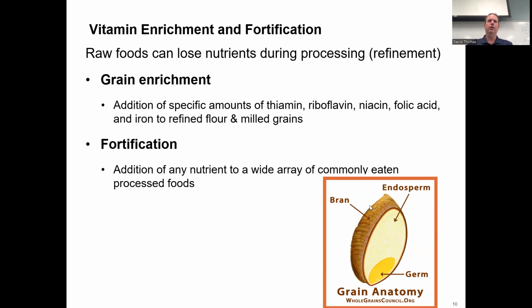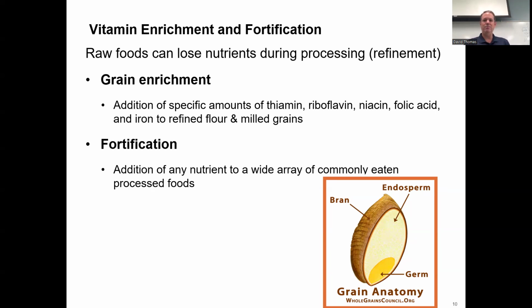That's why a lot of nutritionists suggest making sure the grains you're eating are whole grains, and that includes the whole kernel. That includes the bran and the germ layer, and that includes a lot of vitamins. Anytime you see the word enrichment, though, it means that they've added back to that particular grain some of the vitamins or minerals that were originally present, but have been lost because of the refinement process.